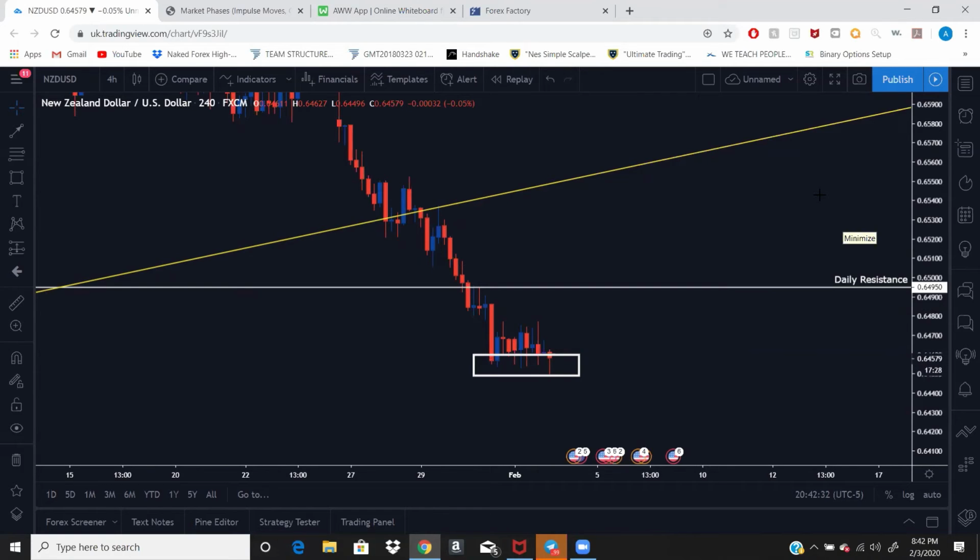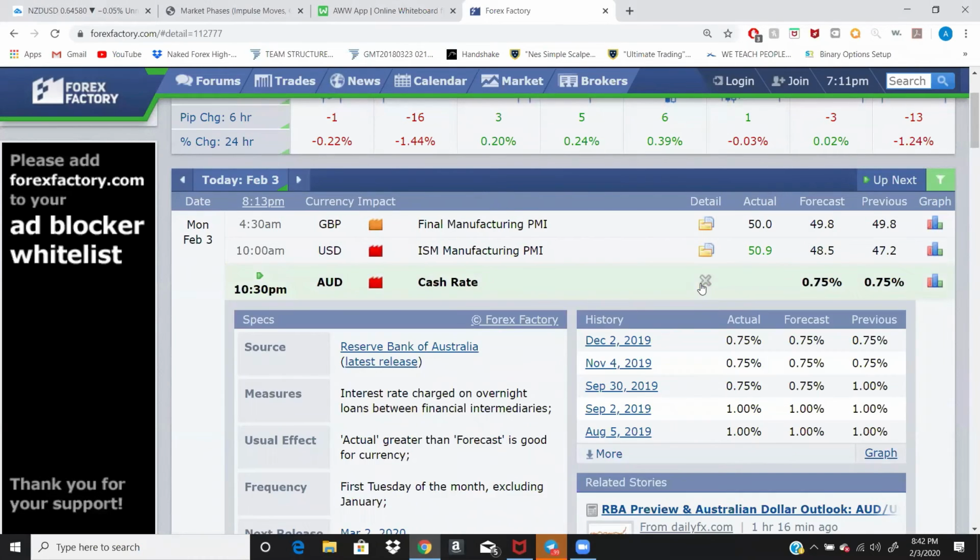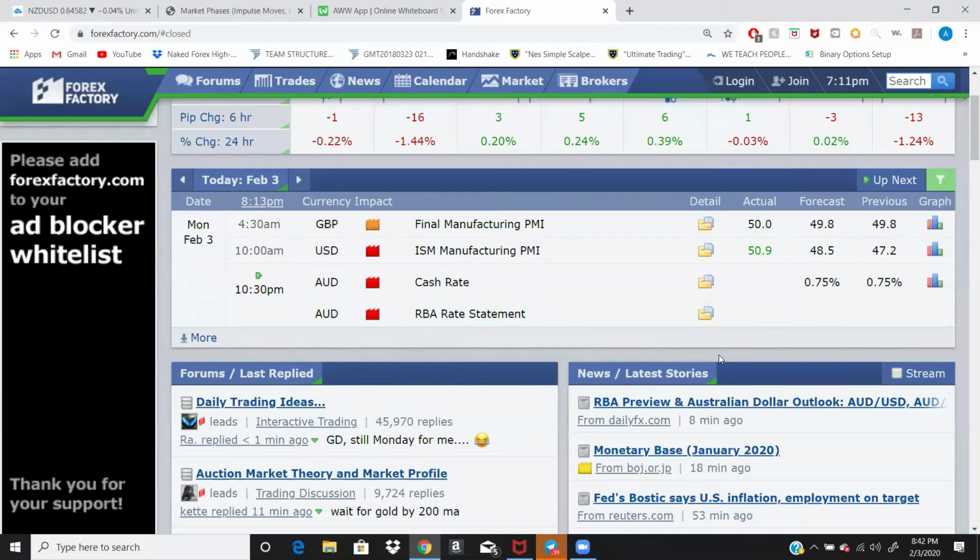I just hope AUD does not disappoint again, because they really have to do something about their economy. They're definitely not gonna cut this rate. It does not make any sense to cut this. And I'm not sure if they are ready to increase it back to 1.